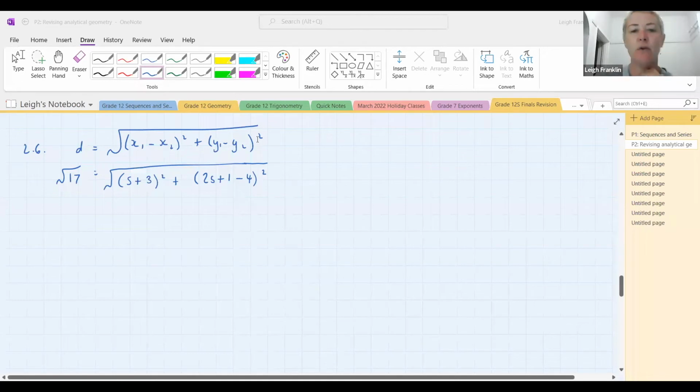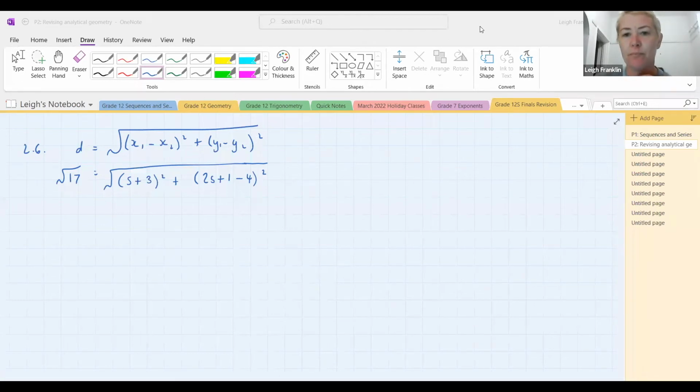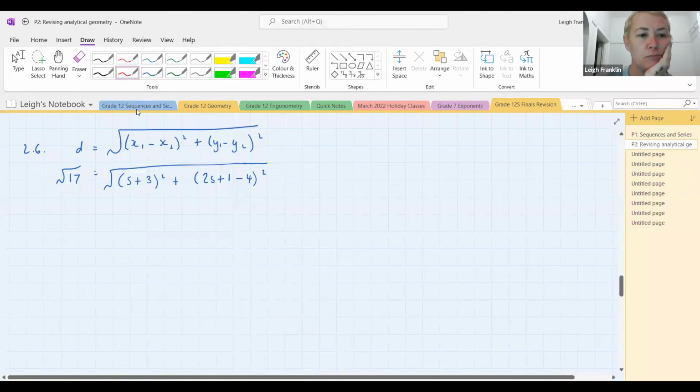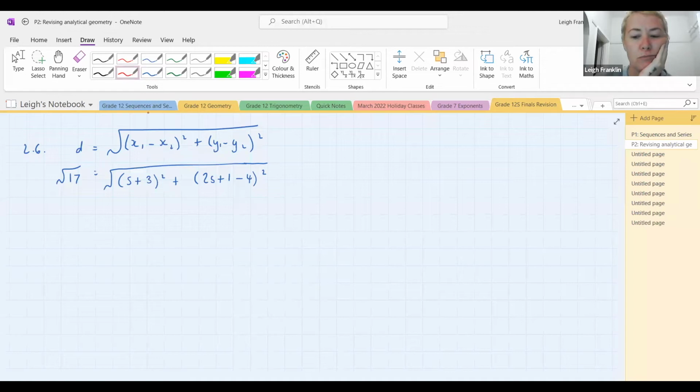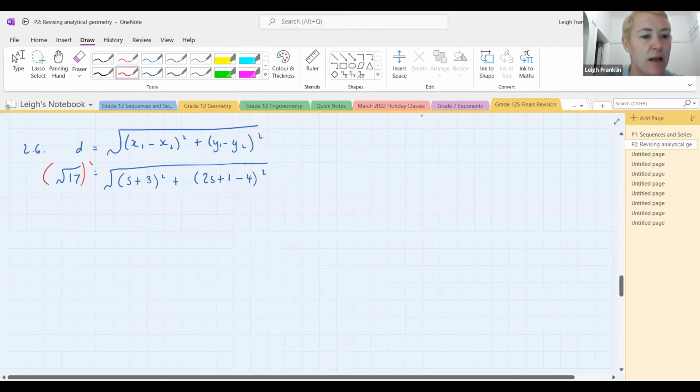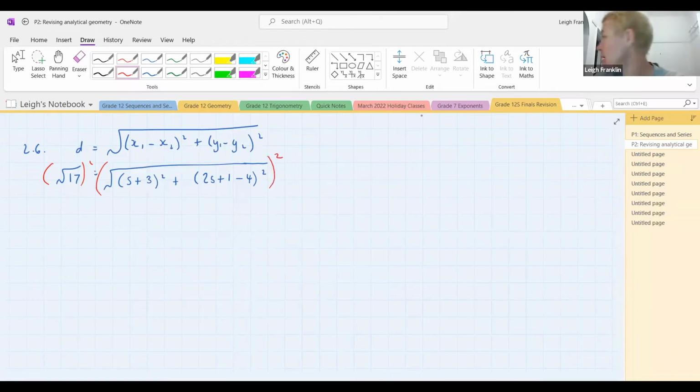What are we going to do to both sides of our equation now? We're going to square them. That's it, well done. We square the left and we square the right, so we get rid of those roots.